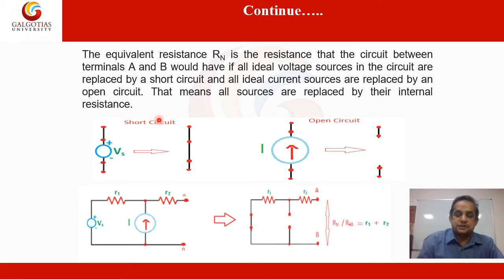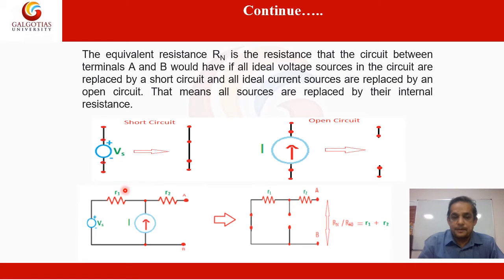Here the same process is applied. Firstly, we replace the voltage source or current source by their own resistance. Voltage source has zero resistance, so it is a short circuit. Current source has high resistance, so it is converted to an open circuit.